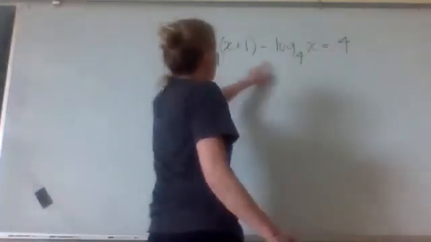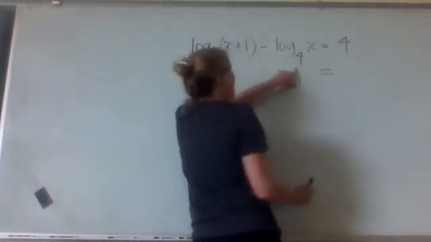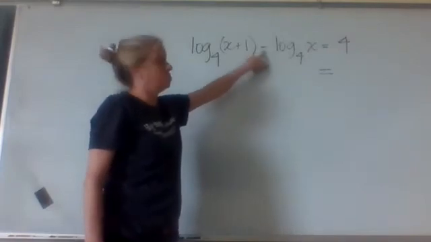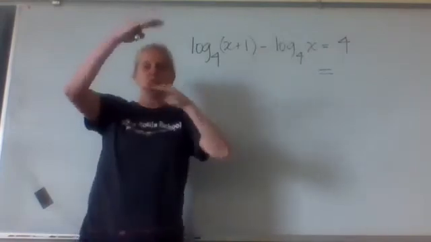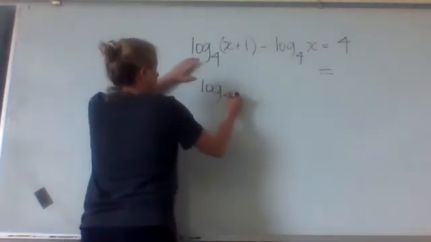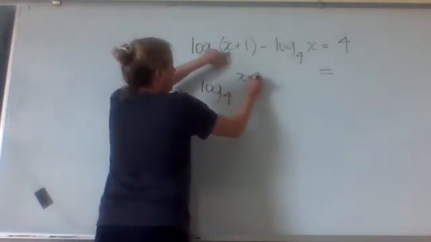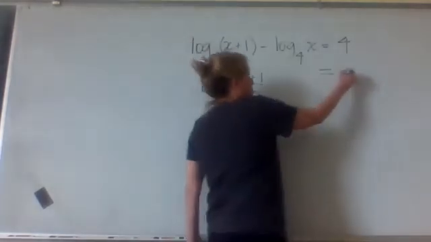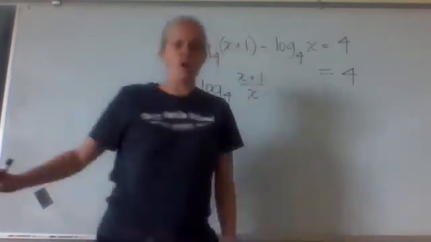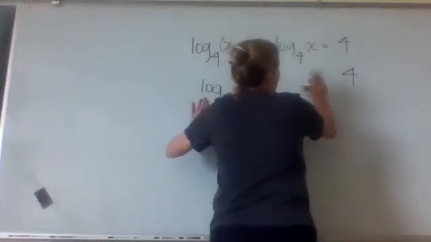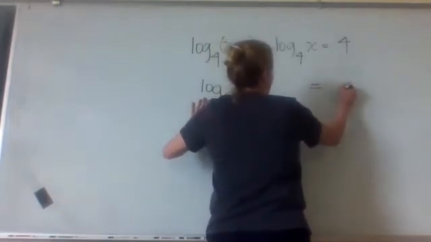All right, 2 logs on the same side, which means I need to turn them into 1. So since this is subtracting, one's going to be over the other. So I'm going to have log base 4 of x plus 1 over x equals, just bring down your 4 over there. So unlike the last one, I don't have logs on both sides, so I can't just divide them off.